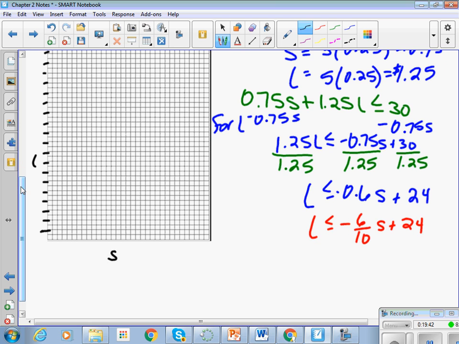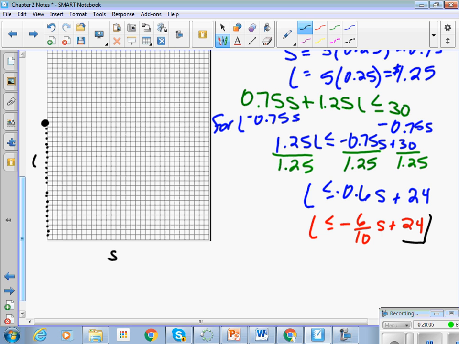I don't quite have enough room for 24 counting by twos, so I'm going to have to do it 1 for 1. Okay, so I go up to 24, counting 4, 5, 6, and so on up to 24. So here's our starting point at 24.